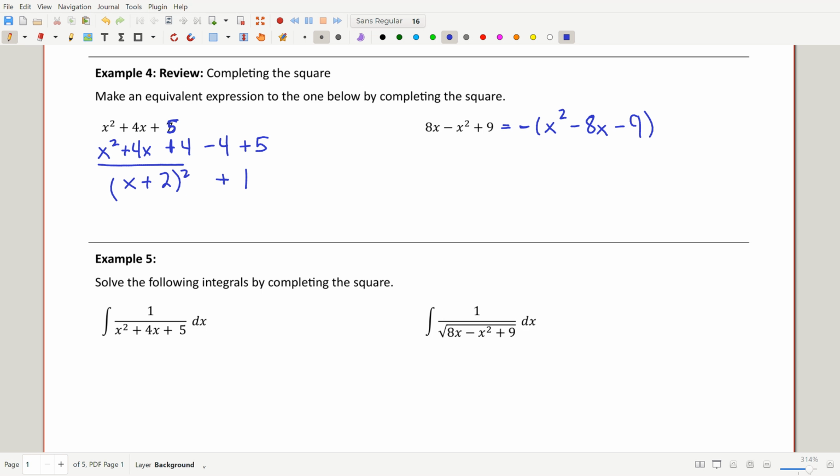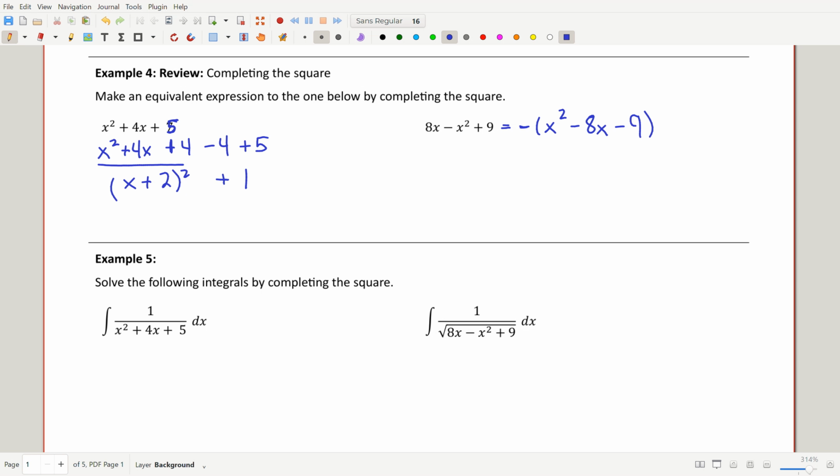Now, obviously, I just did it by drawing it. But if I had 4x, how did I know that I was going to take those 4 and put 2 here and 2 here? Easier than that.